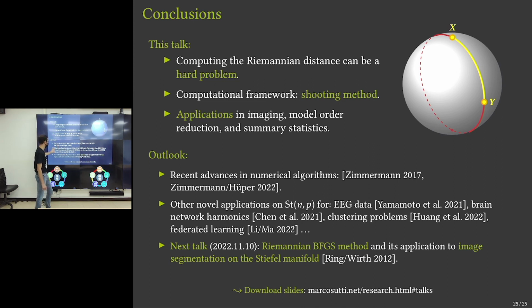Then here you have some novel applications that always deal with this distance, so there is motivation to compute it. We have already seen the federated learning paper, which also considers the Stiefel manifold. They said we need the distance, even if they then do some kind of approximation, but it's always related to this. We have many other papers now, also with medical applications for electroencephalography data and brain network harmonics. Maybe we will see this next.